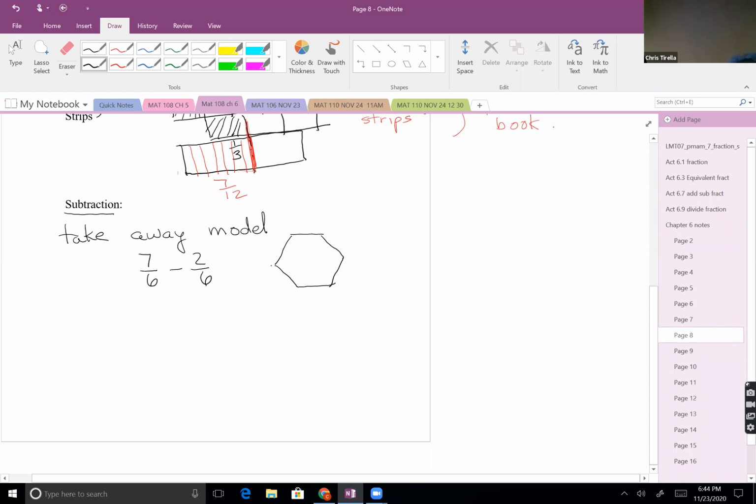And if I wanted to show this with an area model to show 6, I might use my hexagons. But over here, because I have more than 6/6, I'd have to have a second hexagon. And so 7/6, let's see, maybe if I use the highlighter, it'll color it in a little bit better. 1, 2, 3, 4, 5, 6, 7/6.